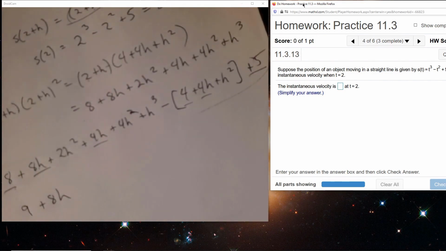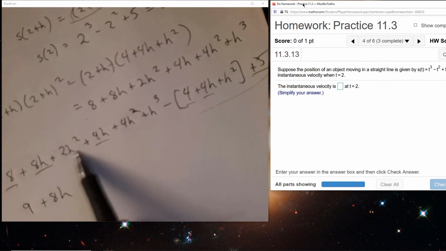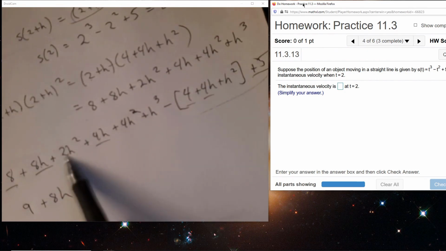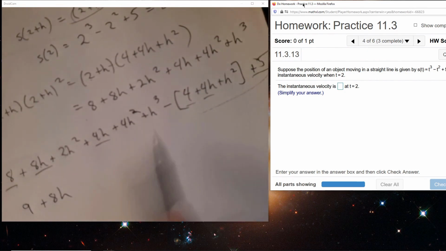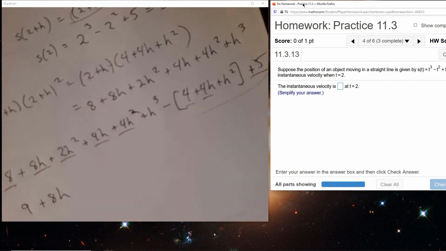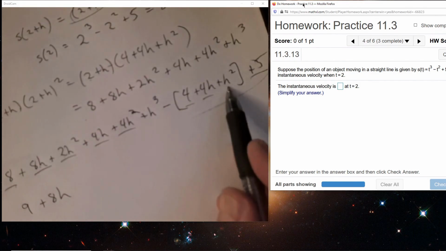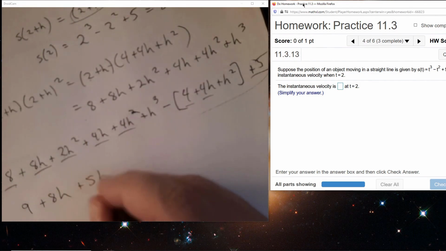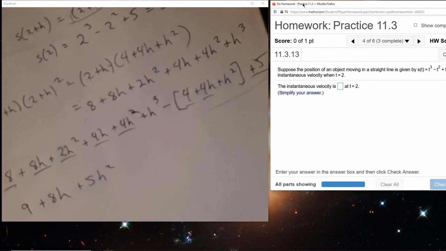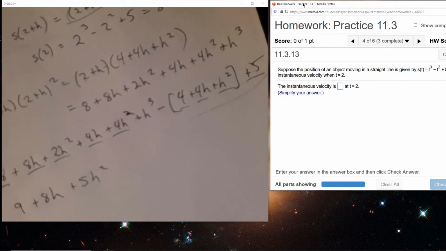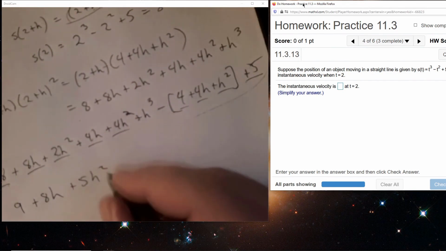So I'm doing those. Next in line here, h squared. So 2h squared plus 4h squared is 6h squared, minus h squared is 5h squared. And then all that's left over then is the plus h cubed.